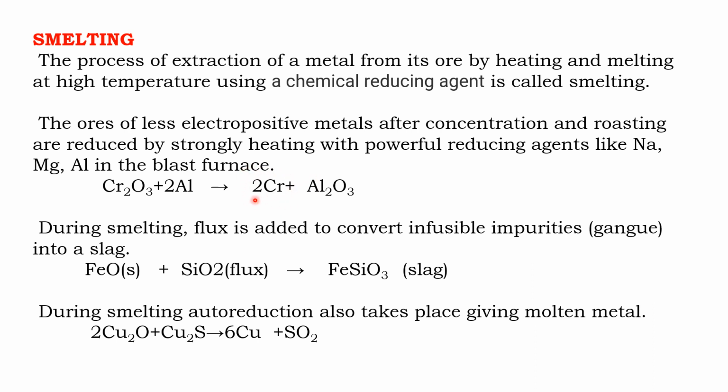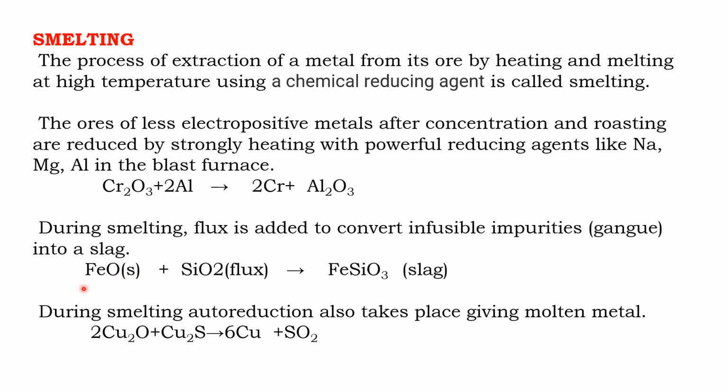So what happens is that at high temperature, the oxides are usually converted to the corresponding metals. In certain cases, we add certain flux material, so that the flux and the ore or impure metal or combined state of the metal form the slag, and the slag is removed by other process, so that the metal can easily be recovered.